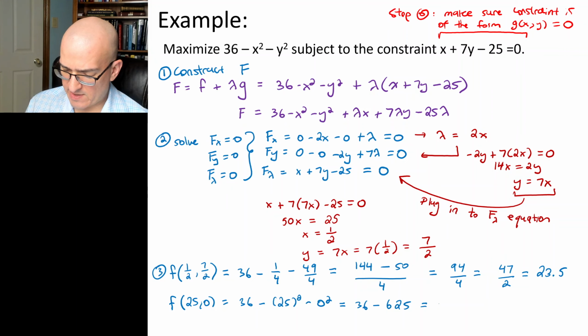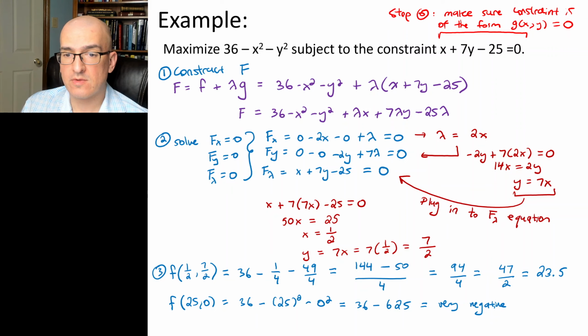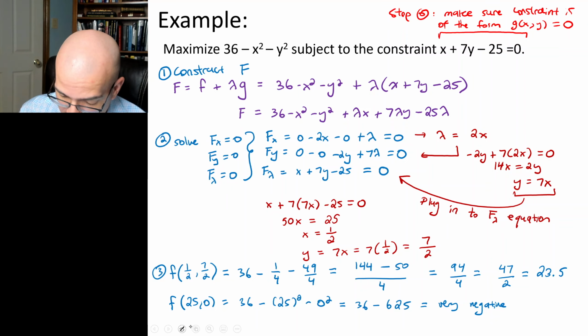That's very negative. So if we found an extreme value for this objective function subject to this constraint, it's the max. We found the global max.